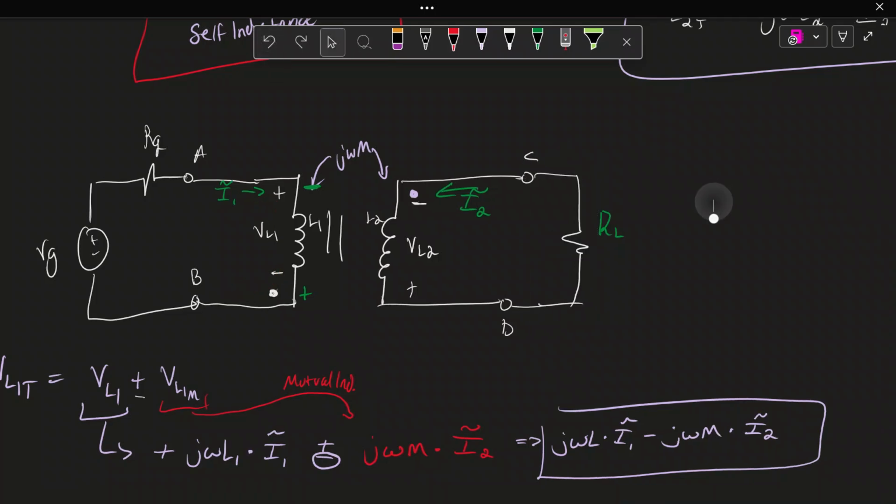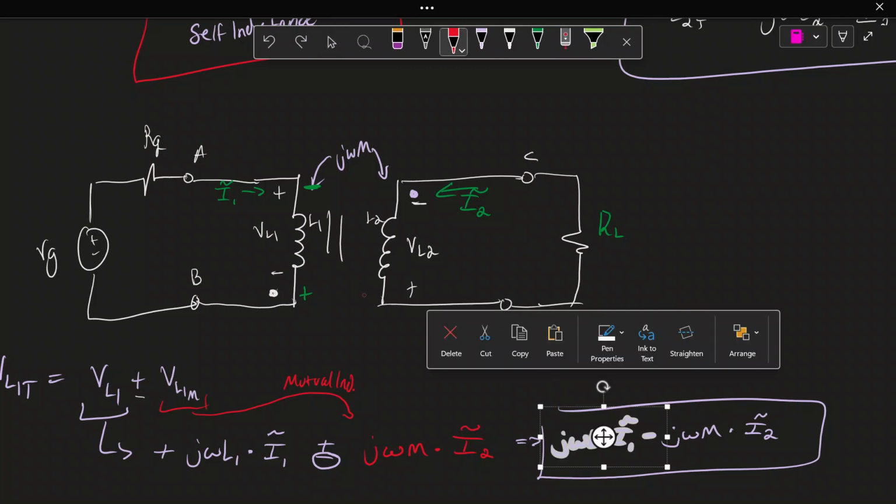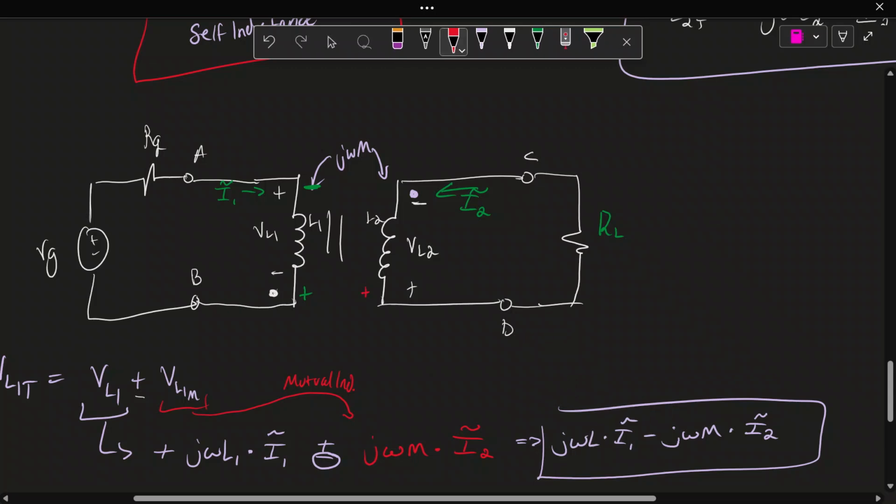Well, the positive is going to be on the side that is undotted for L2 because I1 enters the undotted side of L1. L2 will have a positive mutual inductance at the undotted side and a negative electric potential at the dotted side. I hope y'all can understand that because that is something that is important.